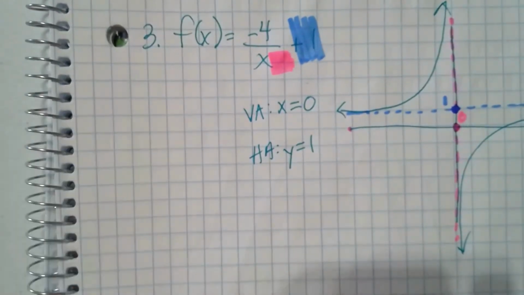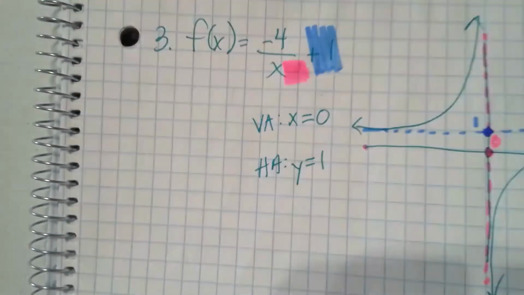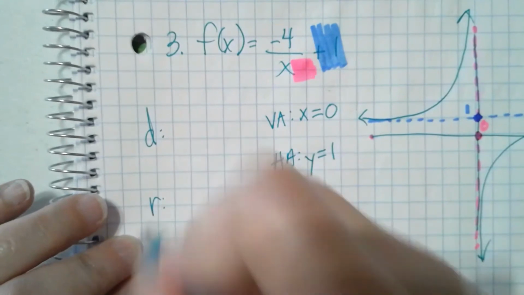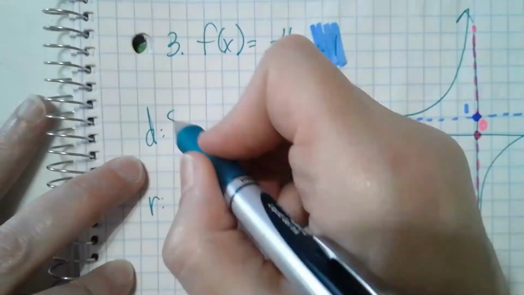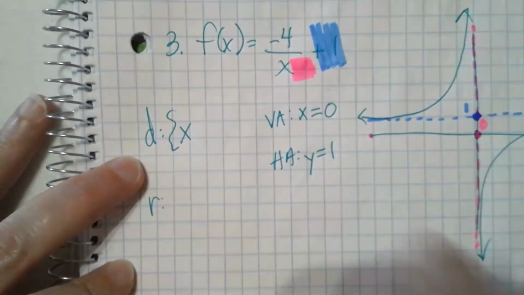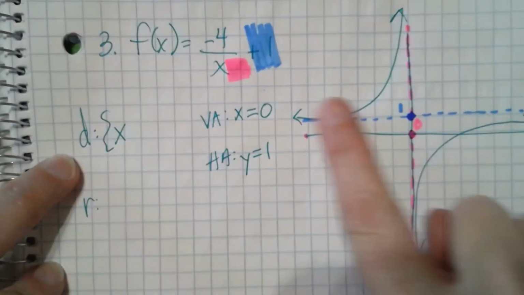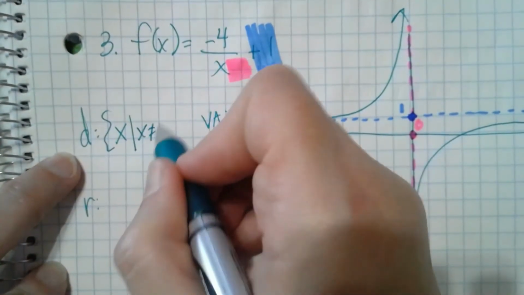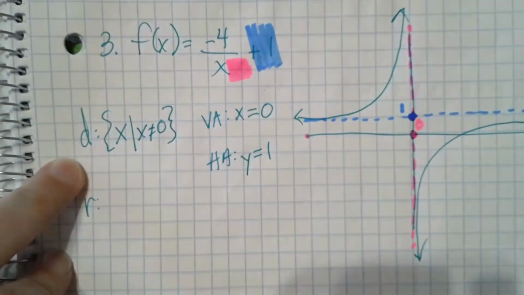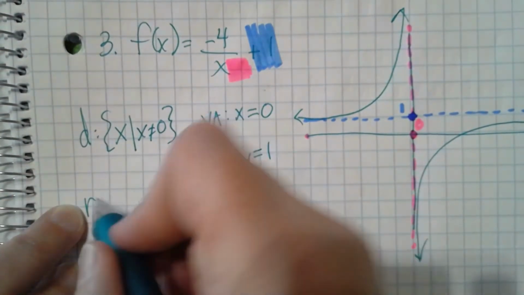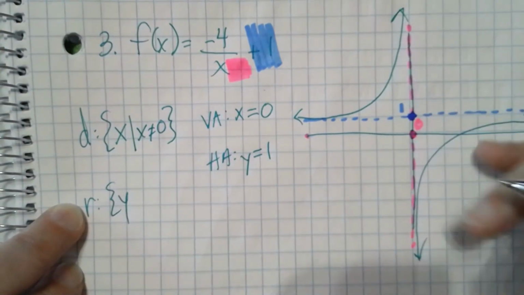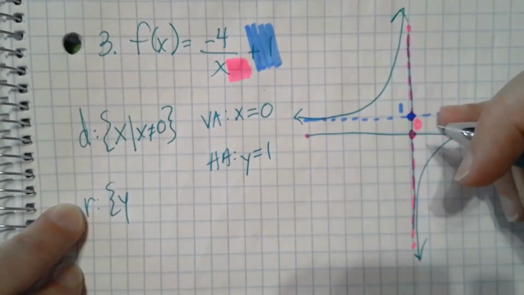Okay. So my last thing for this, oh, I don't know that I did it for the last one. Yeah, let's go back and do our domain and range. Oh, I think we skipped it on the last one. The domain are all of our x values, and this goes from negative infinity to positive infinity, except at 0. X cannot be 0. Our range are all y values, because this is a continual graph from top to bottom, except it has this break right here at positive 1.